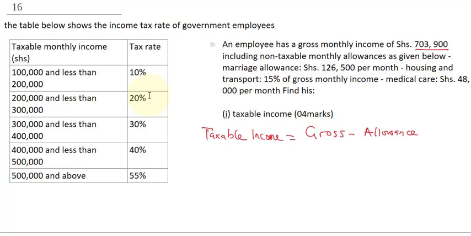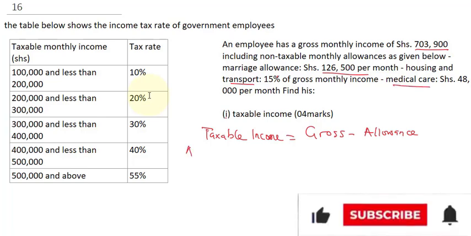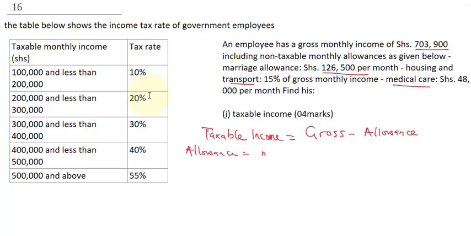Now, allowances include the marriage allowance, the transport, and the medical care. So for us to calculate his allowance, we are going to sum up. Allowance will be marriage, plus we're going to include transport, then plus medical care.